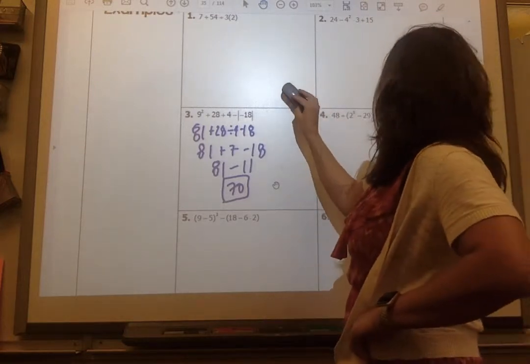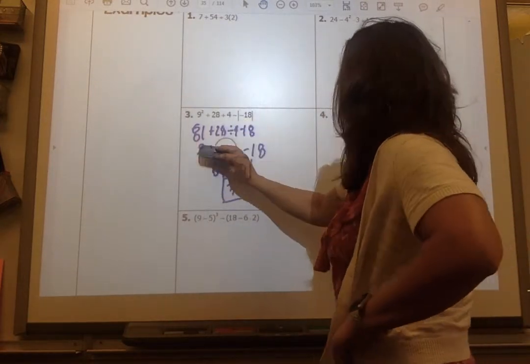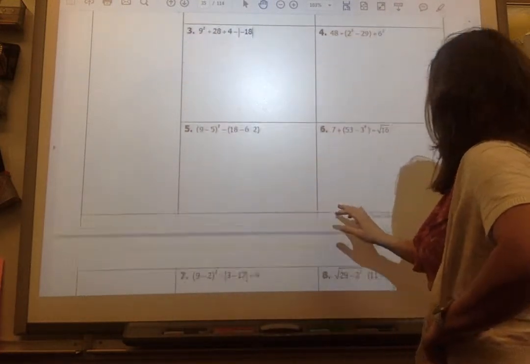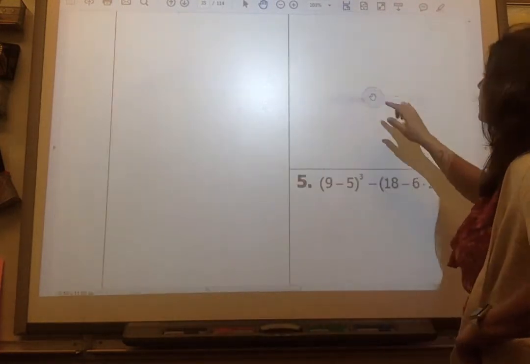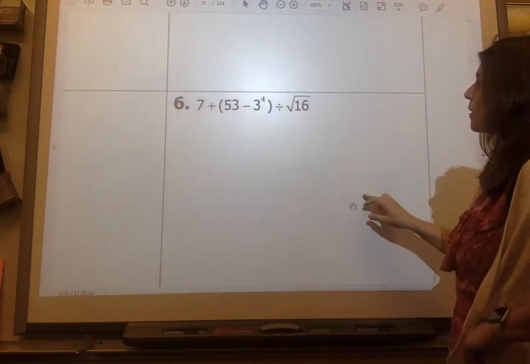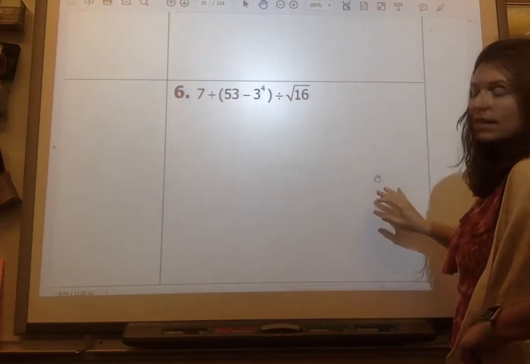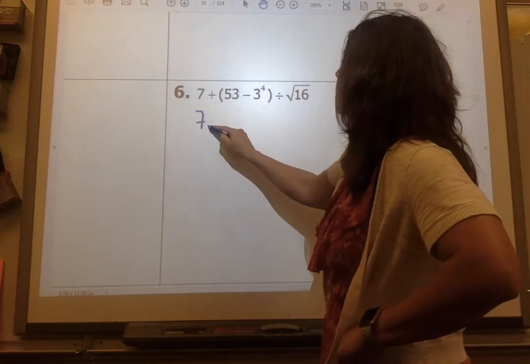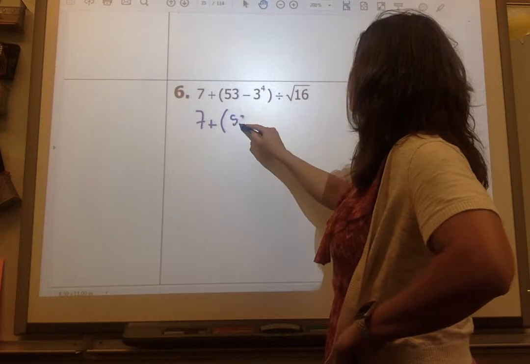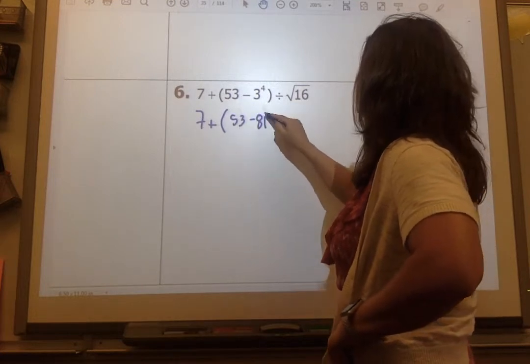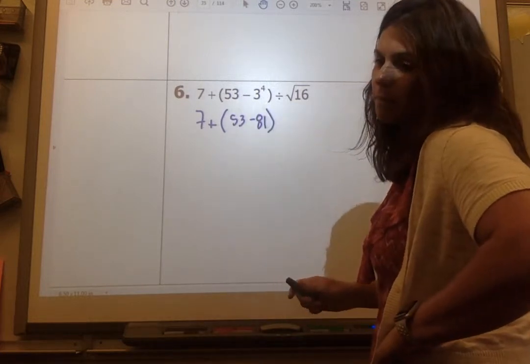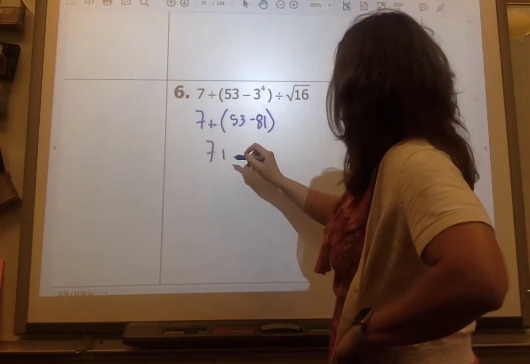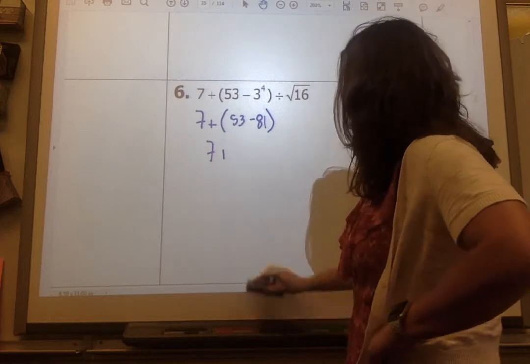Okay. Let's jump down to number 6. Let me expand this to 200 so I have more workspace here. Okay, so number 6, I'm inside these parentheses, so I get 7 plus 53 minus 81. 3 to the 4th power is 81. Hang on, I don't want to do that yet.